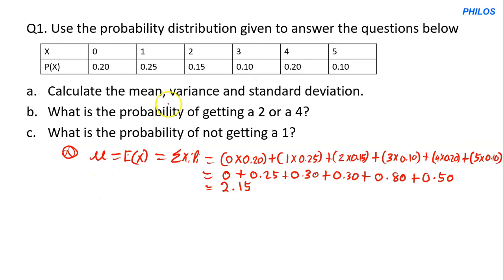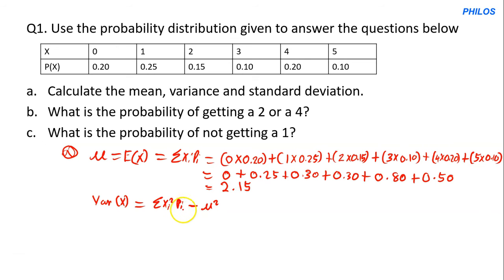So let's go to the second one, which is the variance. Now to find the variance, the formula is sum of xi square times pi minus mean square.